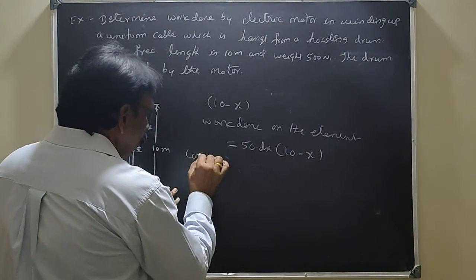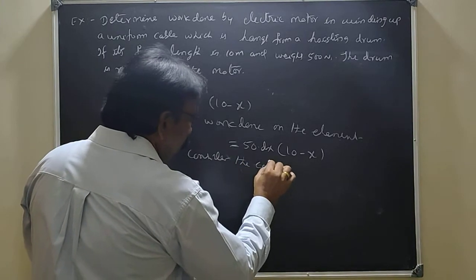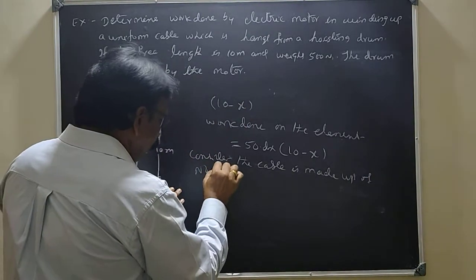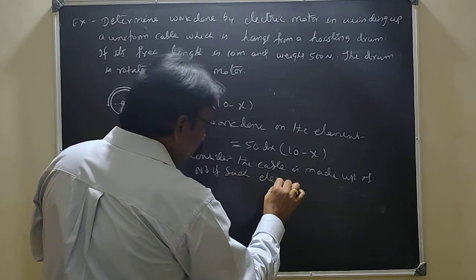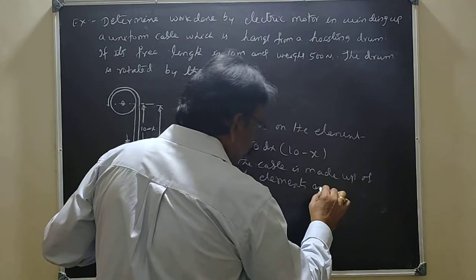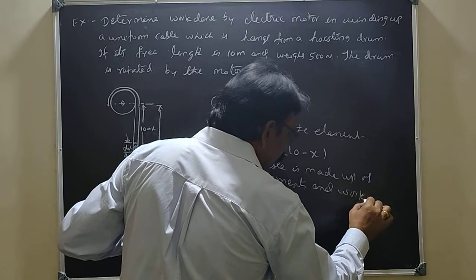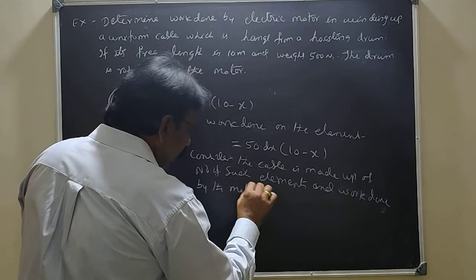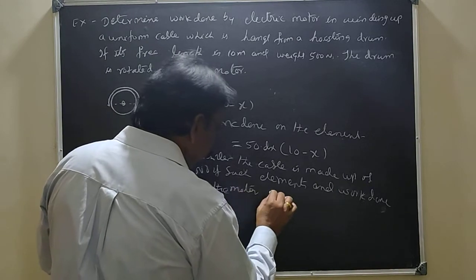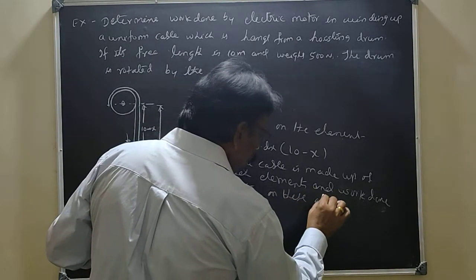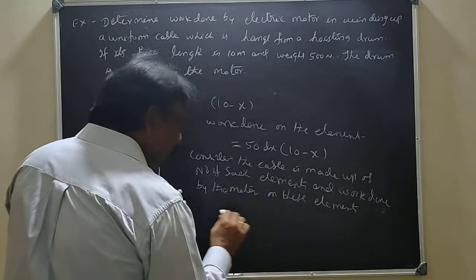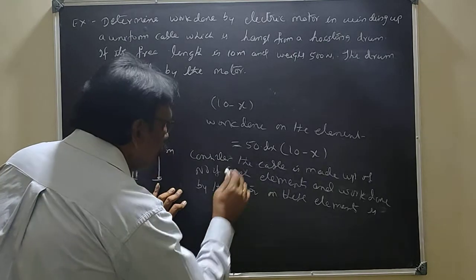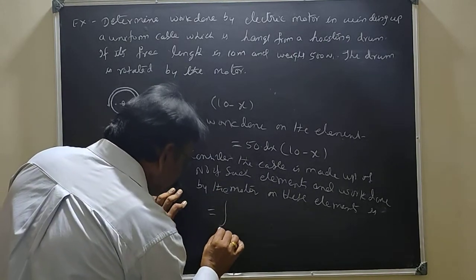Now we will consider the cable is made up of a number of such elements, and the work done by the motor on these elements is obtained by integrating the above equation between the limits 0 to 10.